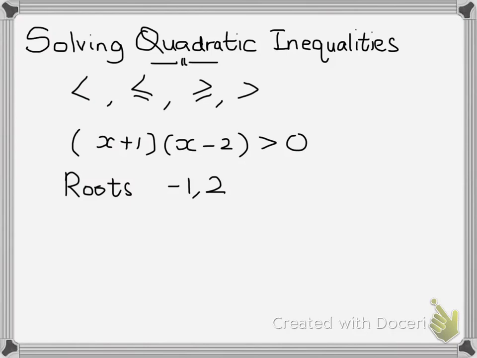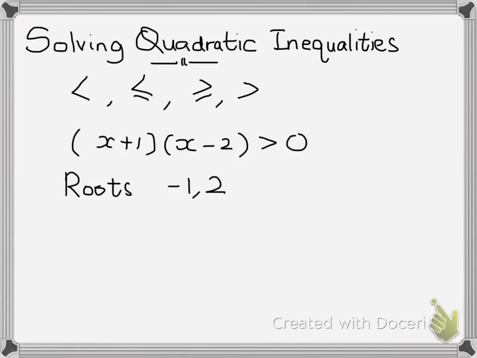That means when x equals negative 1, the entire left-hand side is 0, or when x equals 2, the entire left-hand side equals 0. Now we need to attempt to find a range. So how do we do this?